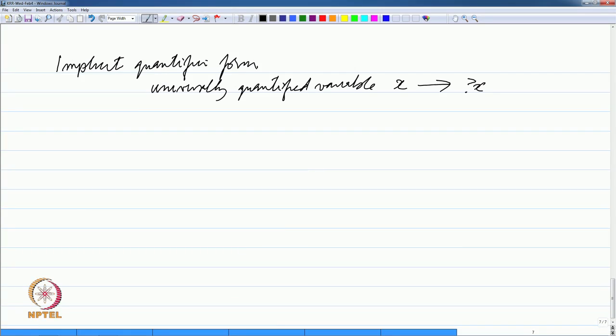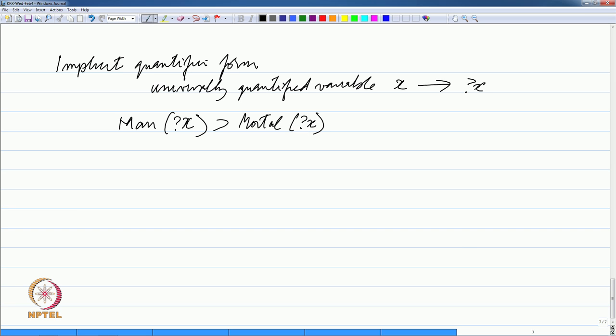So, instead of saying that for all x, man x implies mortal x, we will now write this as man x implies mortal x. This is just a change of notation essentially. It does not change the sentence.